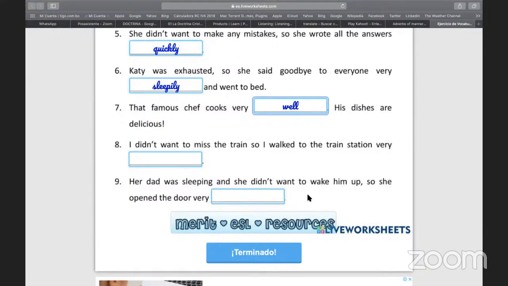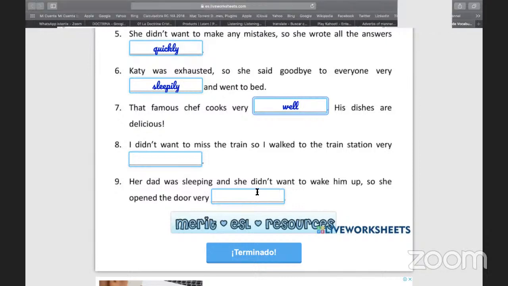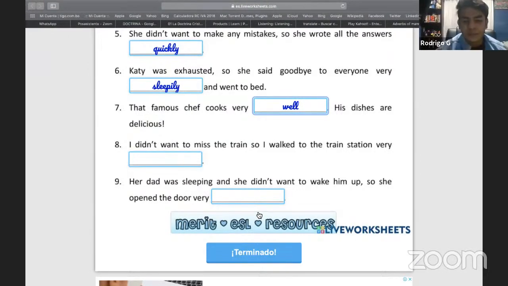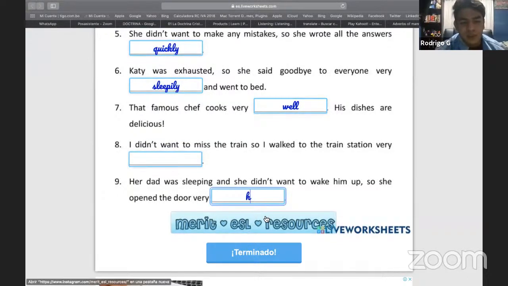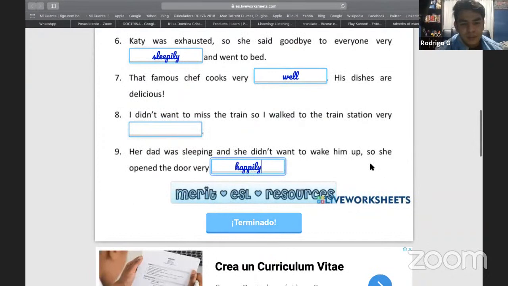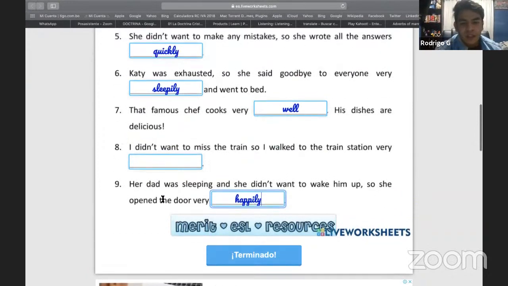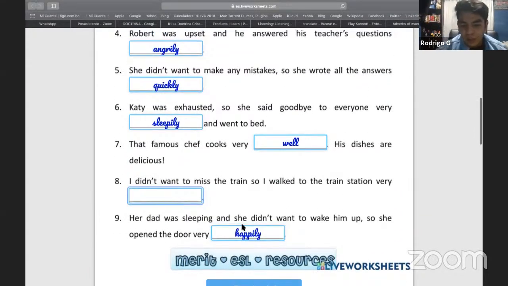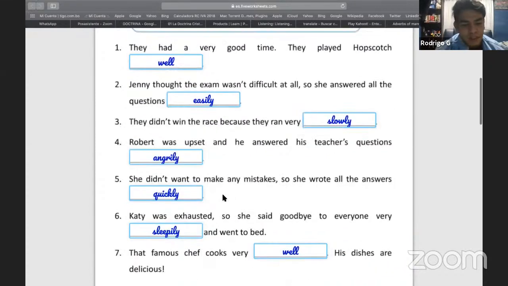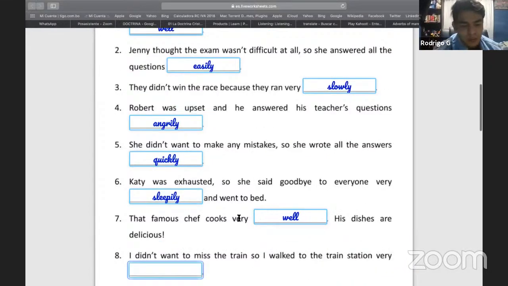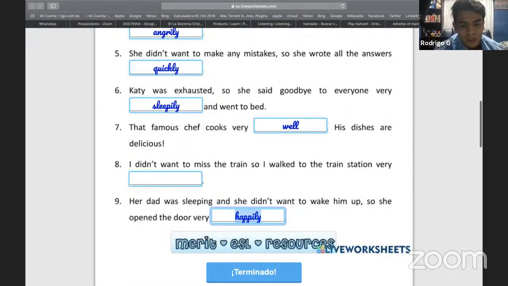Right, guys. And eight, maybe it's quickly. No, in the nine, I don't think that happily is correct. I think that is slowly.